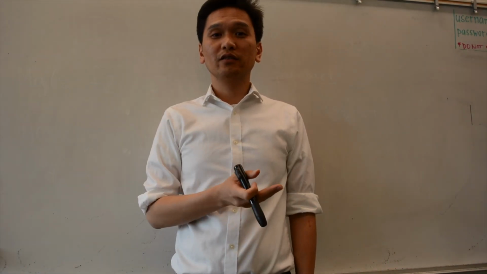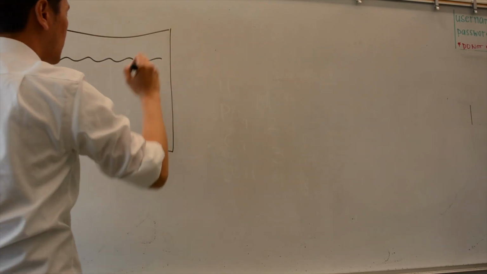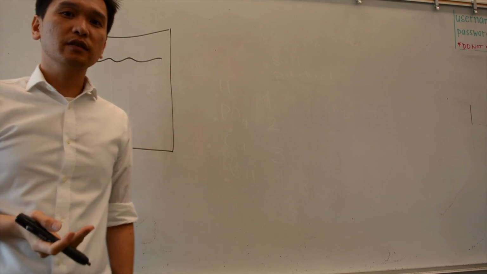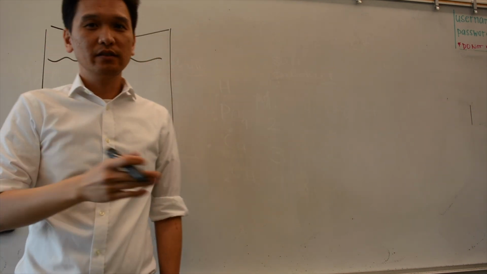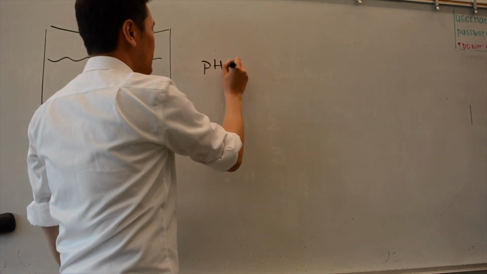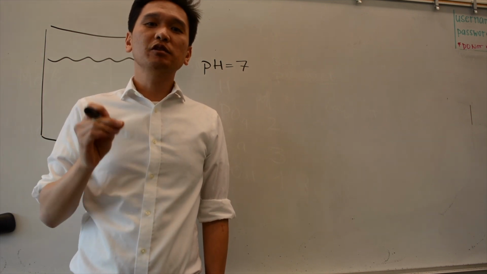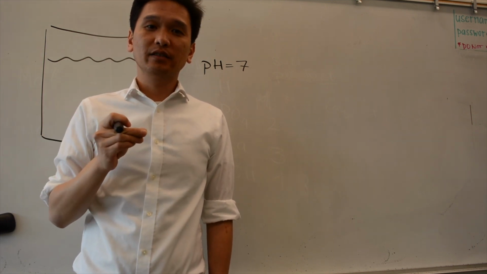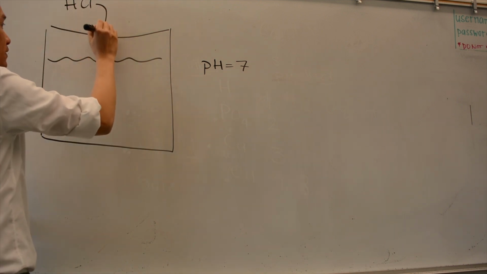In order to illustrate how this works, let's imagine a beaker of solution. In this beaker, you have only water. If you have only water here, your pH should be 7, right? Now let's imagine what would happen if we add acid into this solution. Let's add in HCl.